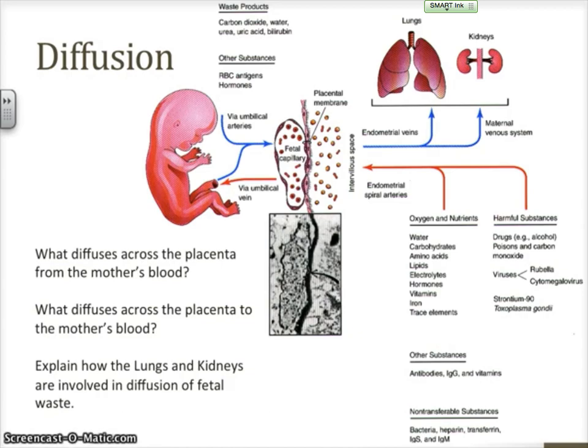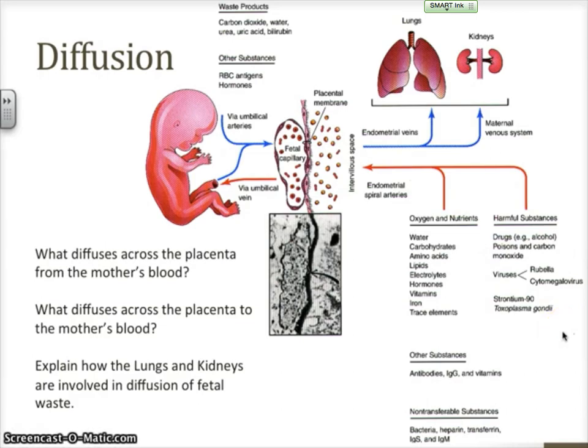If we look at the picture, we've got anything with these red arrows going into the baby. So things like water, carbohydrates, amino acids, lipids, electrolytes, hormones, vitamins, iron, or trace elements. Also, unfortunately, some harmful substances might go in as well.